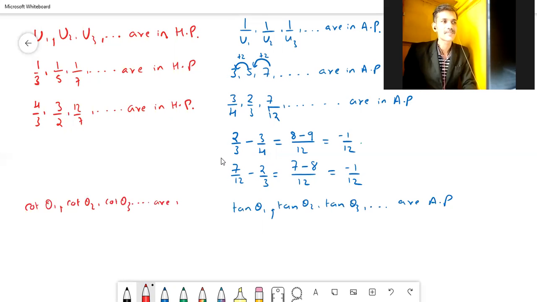They are reciprocals of tan, no? Then they are in harmonic progression, like that.